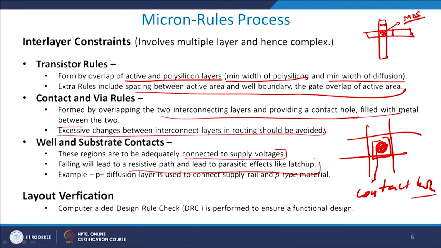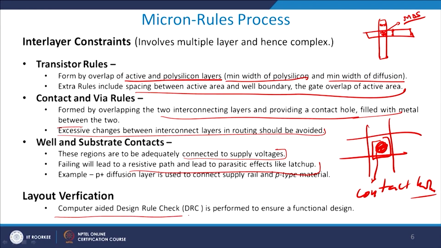Latch up basically means that it latches to a particular state and stays there permanently, which you do not want to happen. That is one pretty drastic problem which happens due to latch up. So that is what I wanted to say for the well and substrate layer.